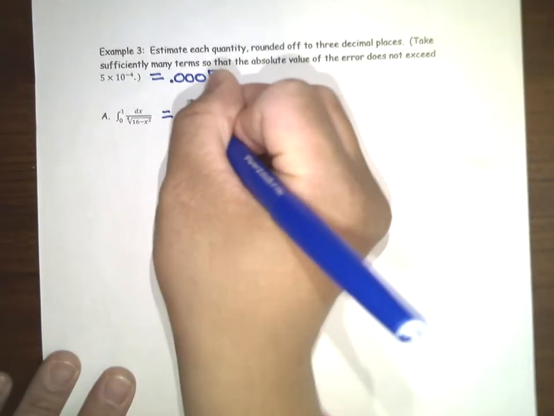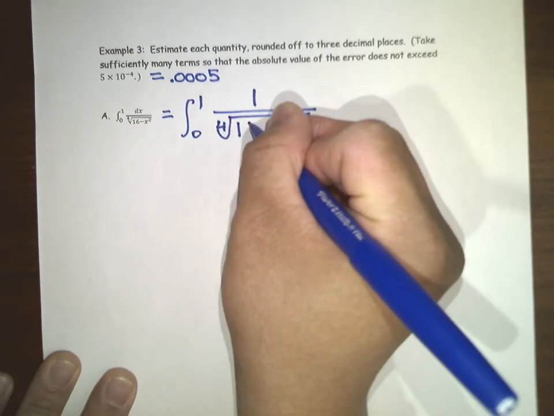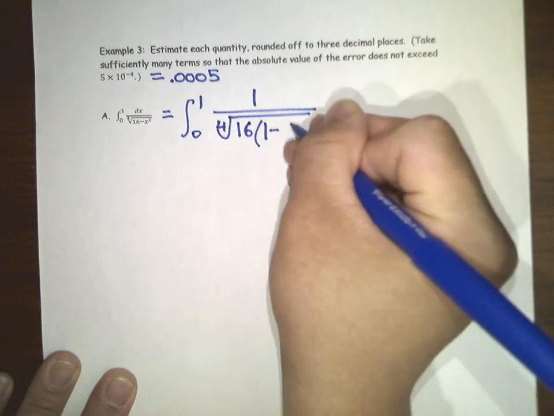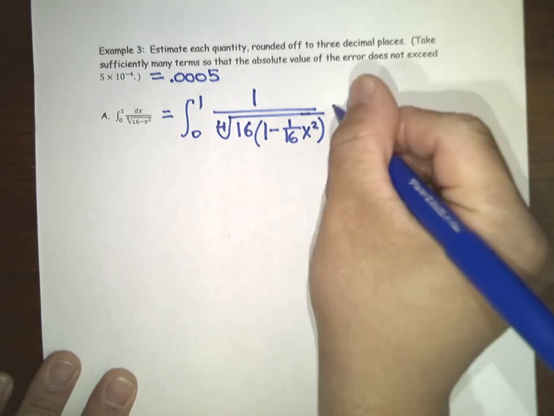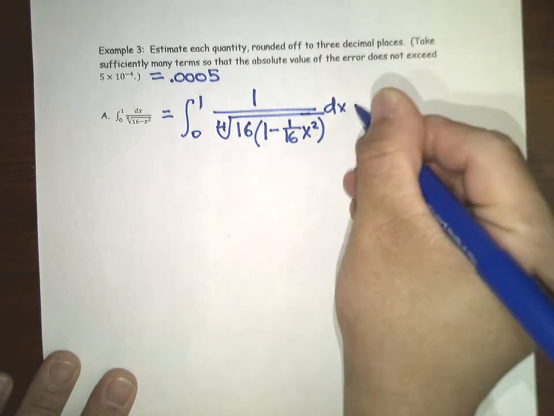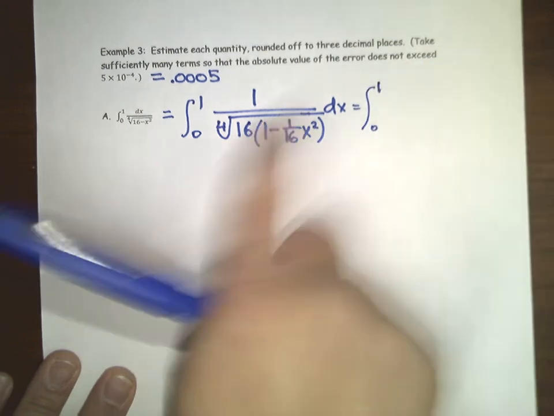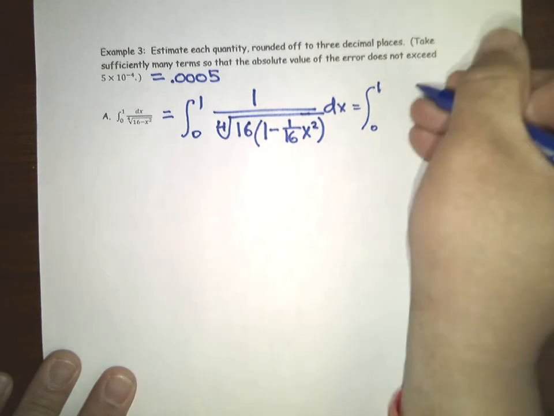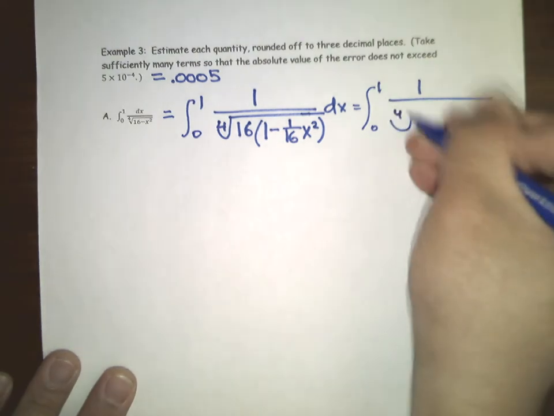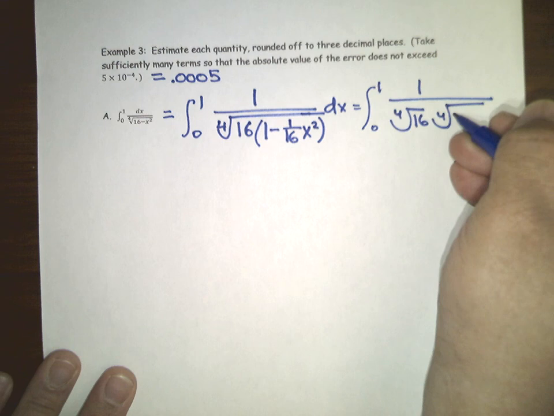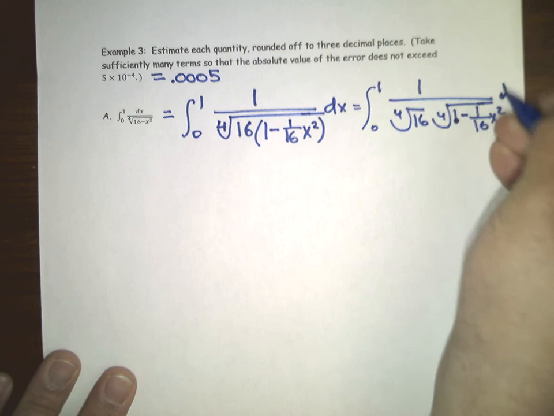I'll rewrite this integral as the integral from 0 to 1 of 1 over the 4th root of 16 times (1 minus 1/16 x squared) dx. I can break this up so that it is 1 over the 4th root of 16 times the 4th root of (1 minus 1 over 16 x squared) dx.